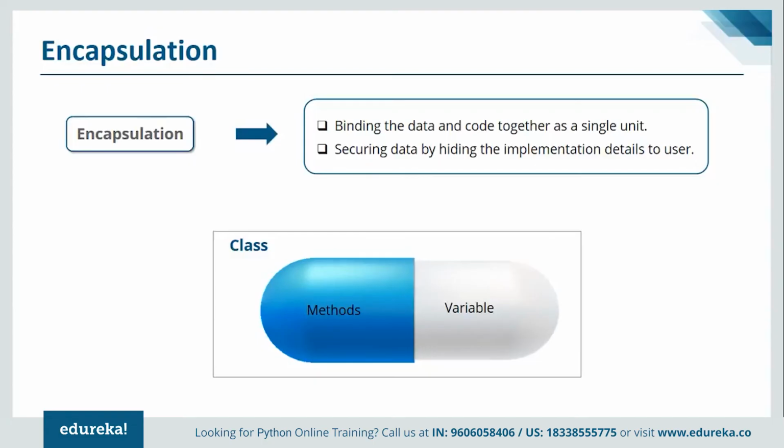So this is one of the major key factors for any programming language as such. There are two major ways through which you can achieve encapsulation. One is by using the getter and setter methods, and the next is by using @property. We'll be talking more about that in our next session, but let me give you a simple understanding.